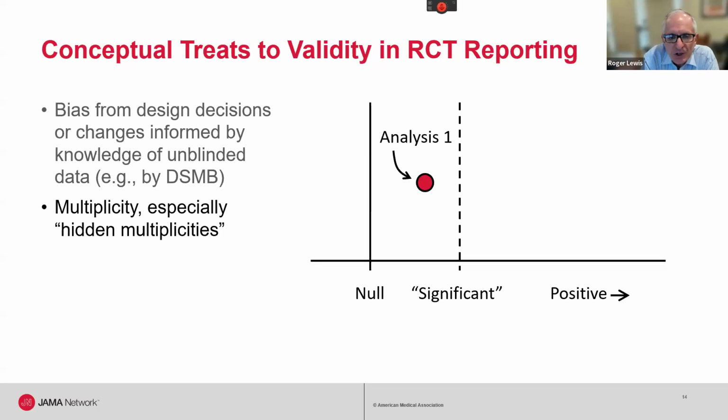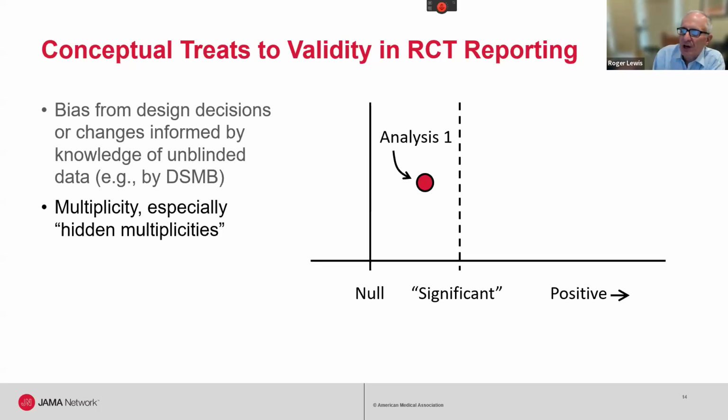That kind of multiplicity is fine because it's transparent and there is a plan for addressing the risk of a false positive result that can be then reviewed, critiqued, questioned, and judged by both the statistical reviewers and readers ultimately. What worries us are hidden multiplicities.